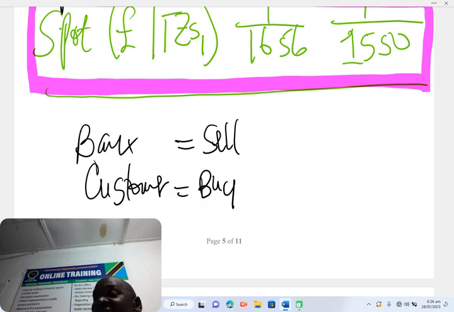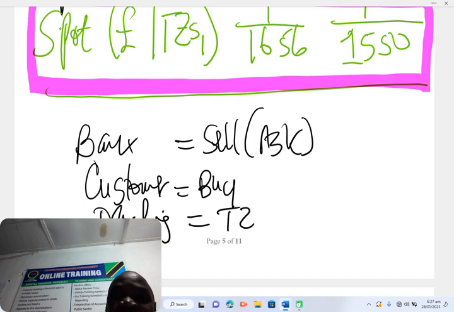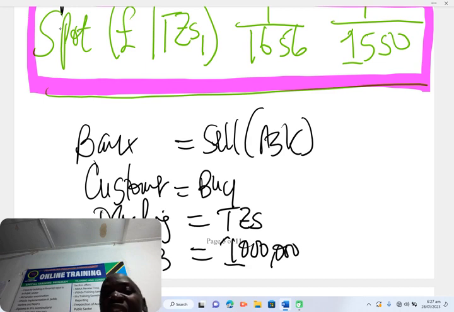When I say sales, it means ask rate. Trading currency, he is trading on this one here. Number of units: he wants to transact with 1 million units of TZS.